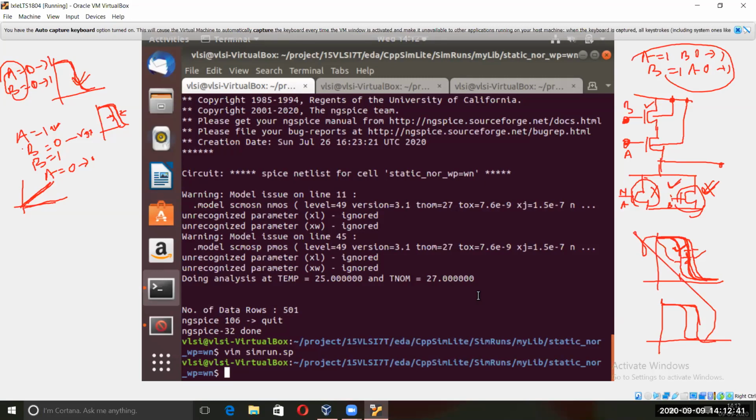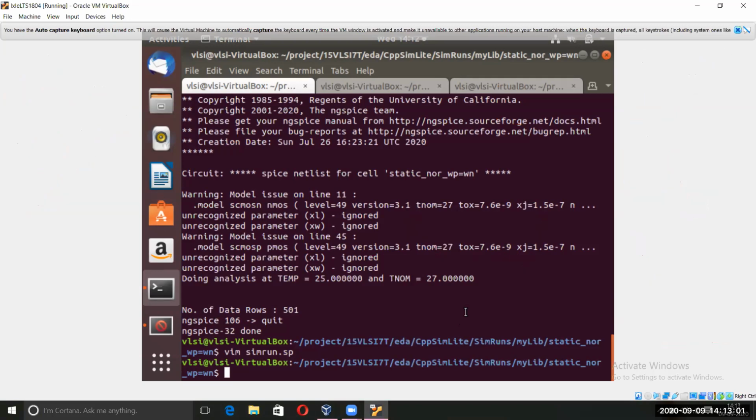Sir, because of the mismatch of VT, the threshold voltage. Exactly, you are clear. A mismatch of VT.